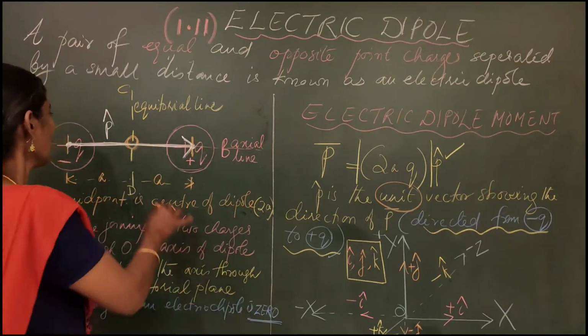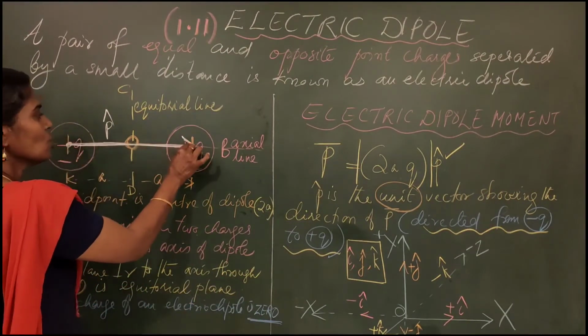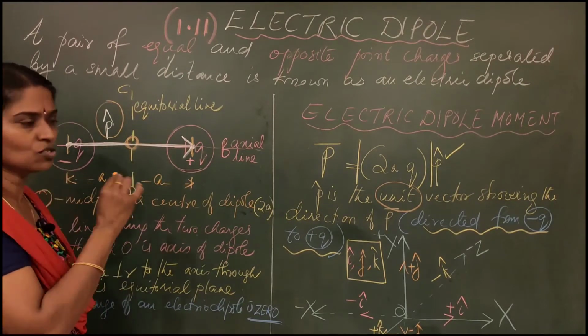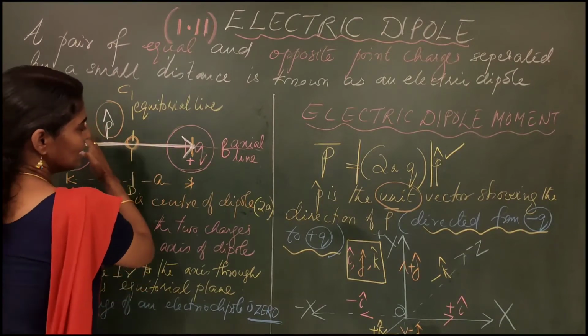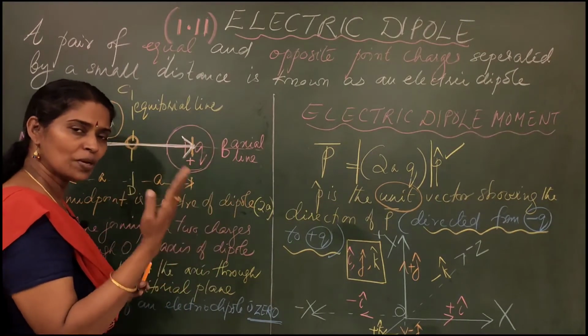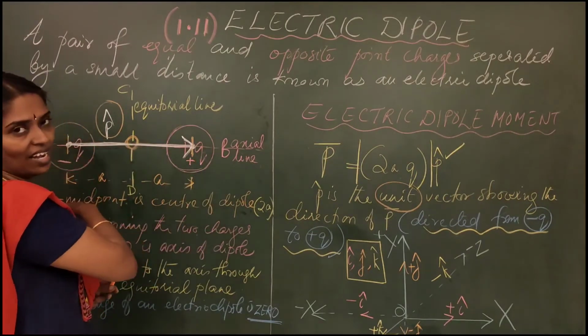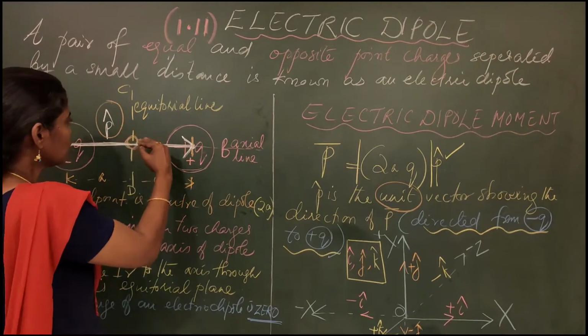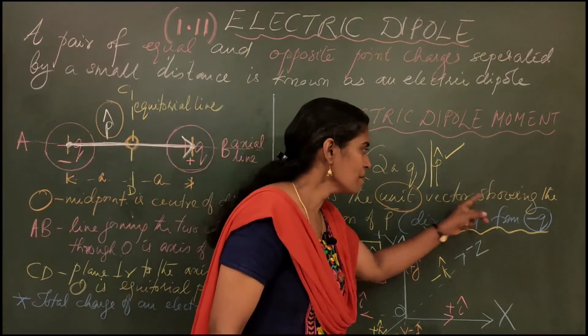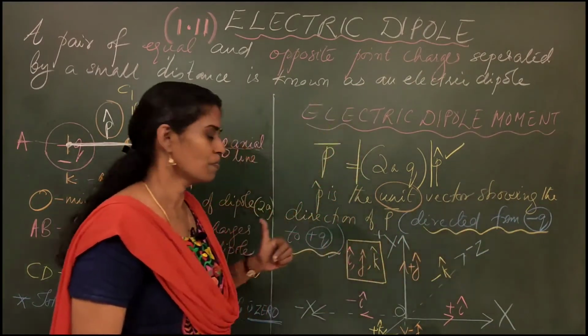You have to draw a line from minus q to plus q showing the direction of p cap. If you are facing the board like this, it is towards your right. So what is minus p cap? Towards left. So be sure p cap is a unit vector going from minus q to plus q.